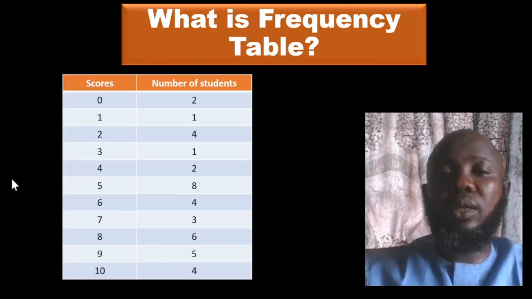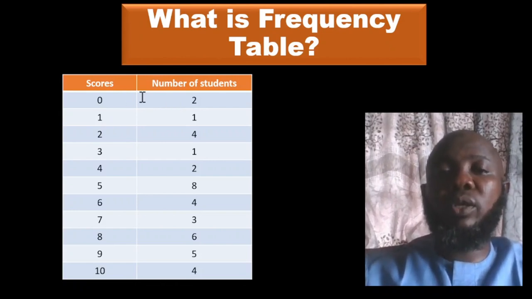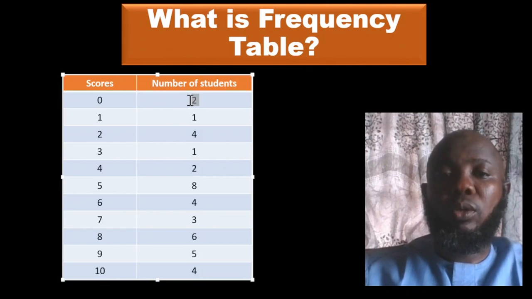You see here in this table, we have scores of students and number of students. The number of students here tells us how many students scored 0, which is the frequency of 0 in the test, which is 2 here.